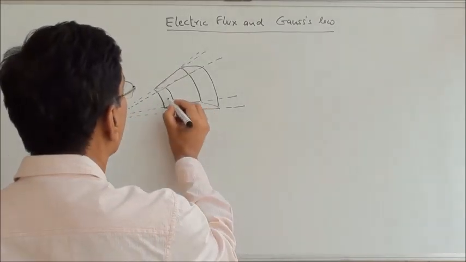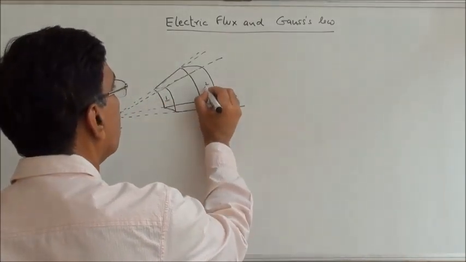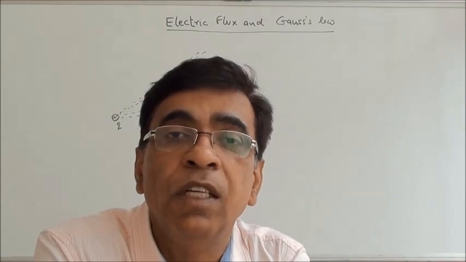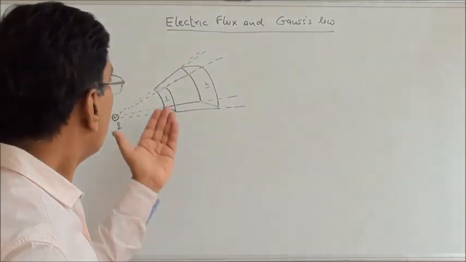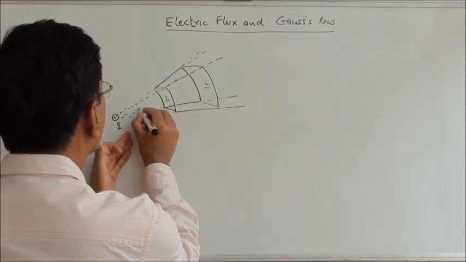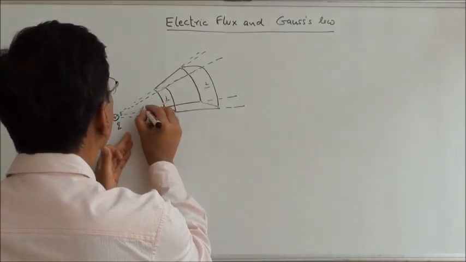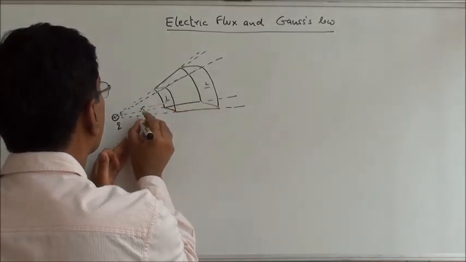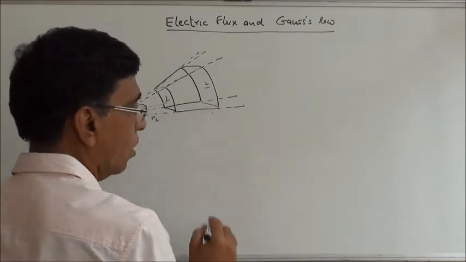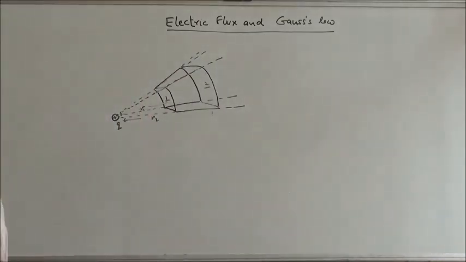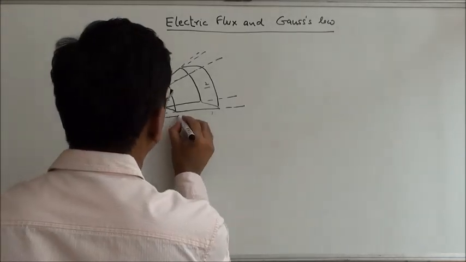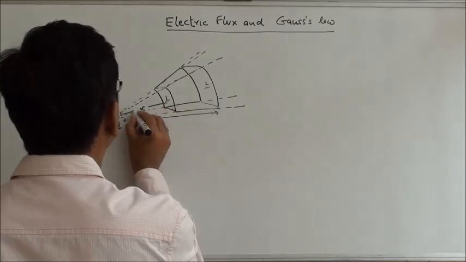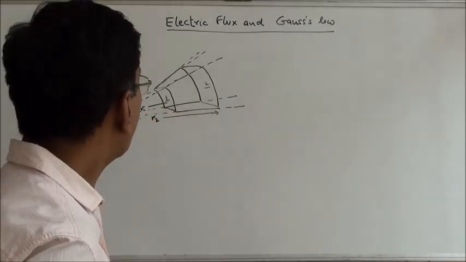Now if I ask you to calculate the flux for this surface 1 and then the flux for the second surface, I have told you flux is normal component of electric field into area. So what will be the normal component of electric field for this? Say this distance is R1 and this distance is R2.